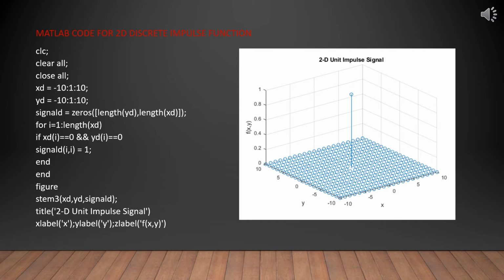We then set the signal value to 1 only at x equal to 0 and y equal to 0, and by using the stem function we can plot the impulse function. In the given figure, every point is 0 and the signal exists only at x equal to 0 and y equal to 0. This will be our 2D discrete unit impulse function. By executing the following code in MATLAB we can observe this 2D impulse function.